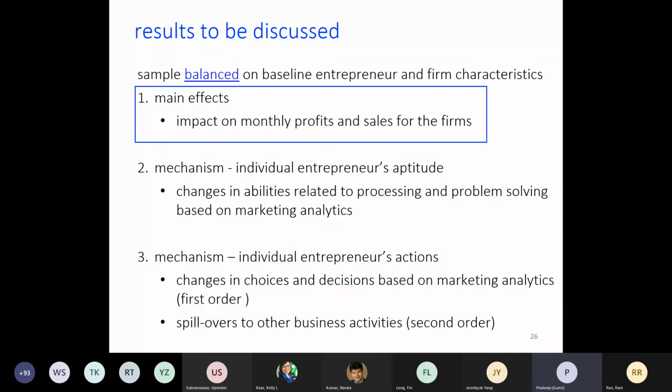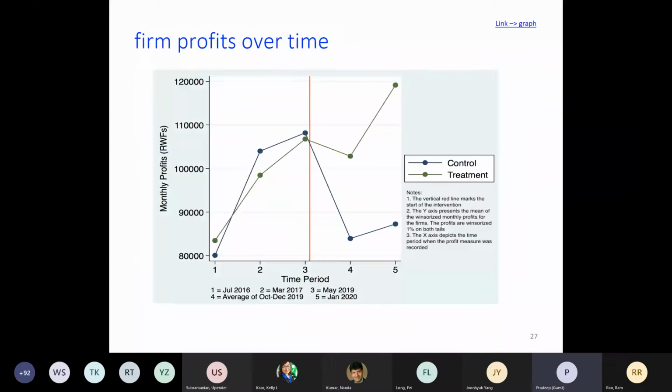Once I show you the main effects, I would then like to show you a little bit about the mechanism. In the mechanism, we want to dig into what the individual entrepreneurs' aptitude metrics were, and then finally we'll talk about the individual entrepreneurs' actions. Okay, so those are some of the results that I'd like to share.